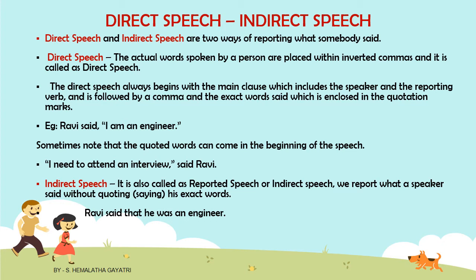You are changing even the pronoun according to the subject, and you are changing the tense. The tense will always change to past tense in indirect speech. So "Ravi said, I am an engineer" is a direct speech sentence, for which "Ravi said that he was an engineer" is an indirect speech sentence.